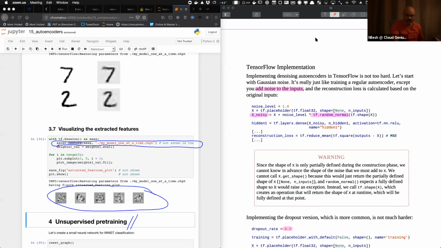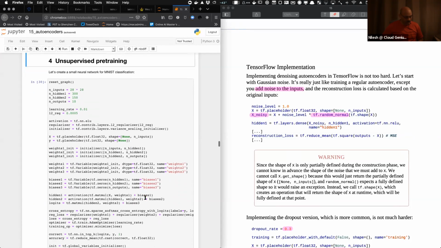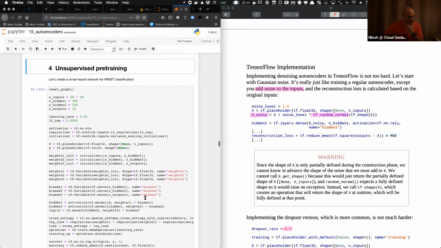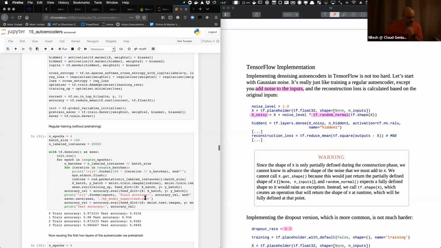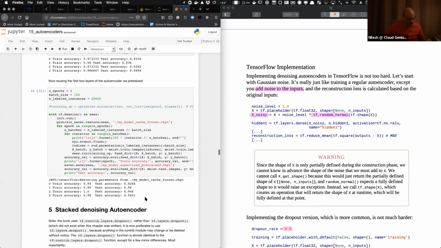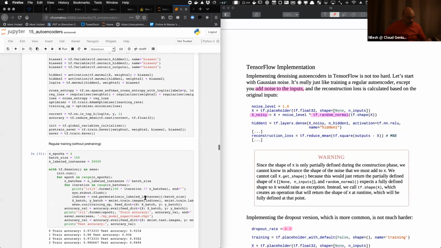So going on ahead further. Did we run this? Create a small neural network for MNIST classification. So this is regular without pre-training. And this is with pre-training. Yes, so both of these examples are available.